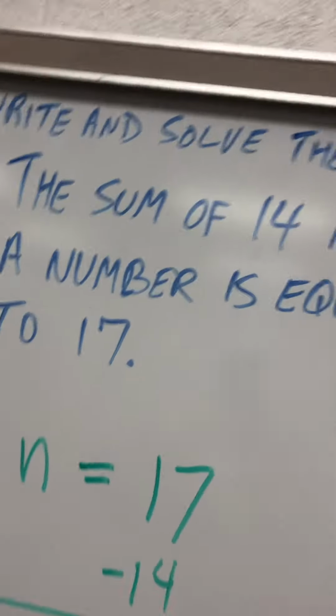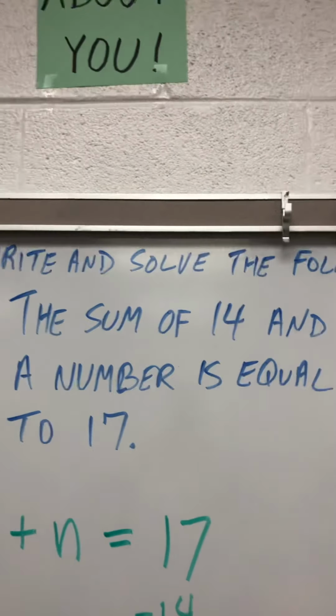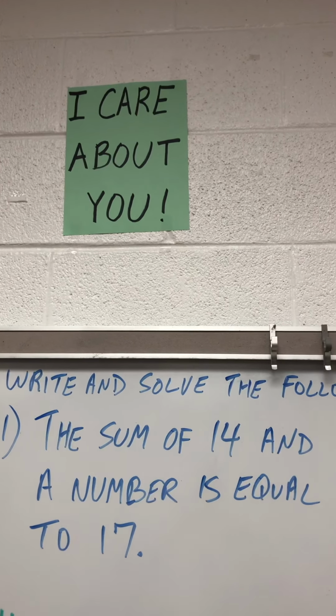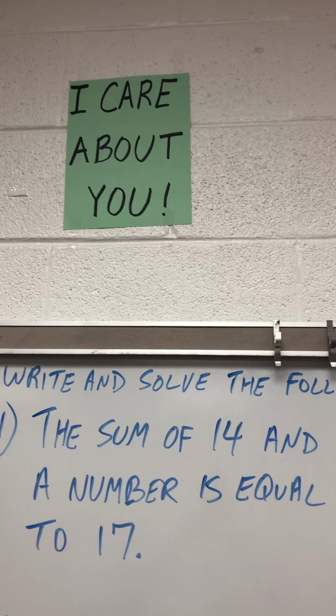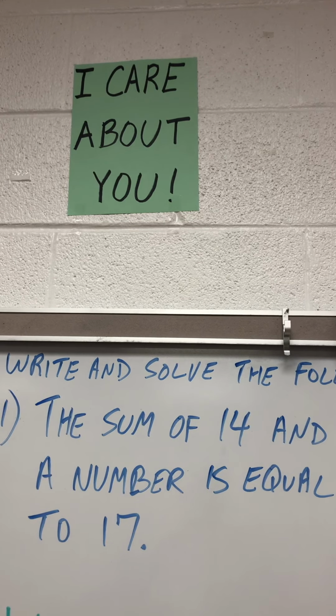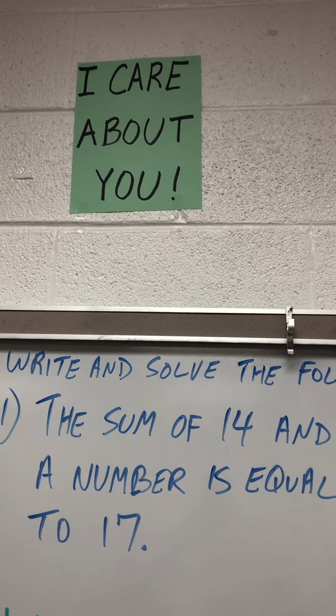Today we're going to write and solve equations. Okay. First one: the sum of 14 and a number is equal to 17. Okay, sum means add, right? Sum of 14 and a number.